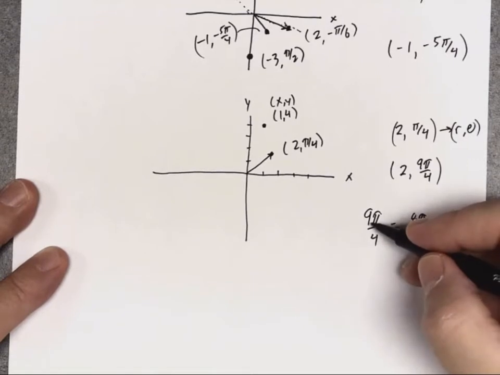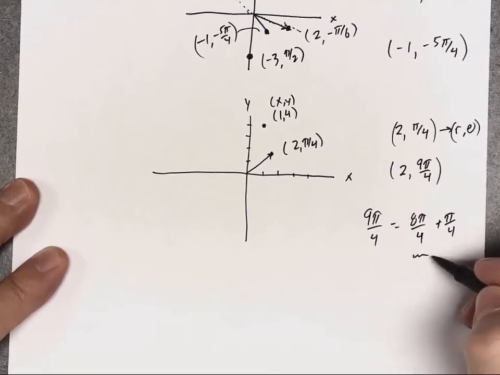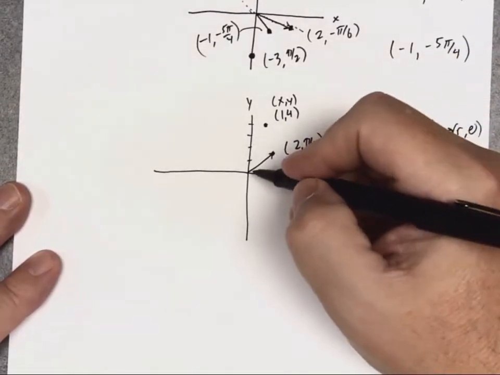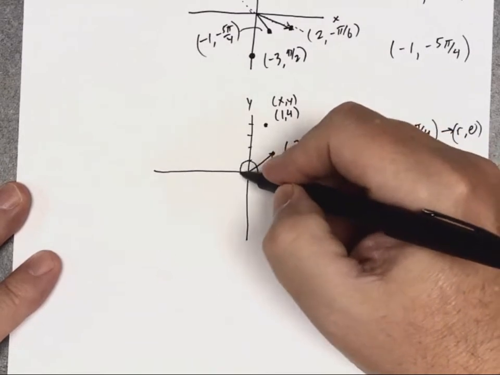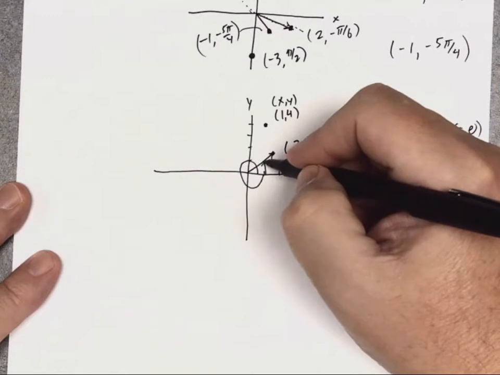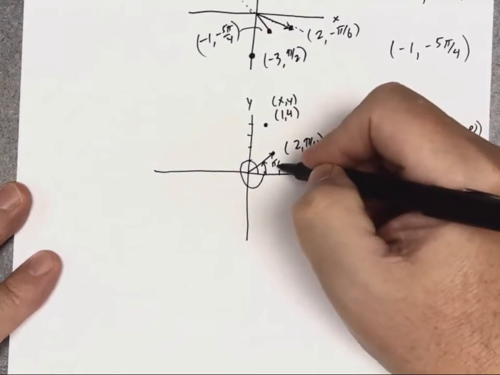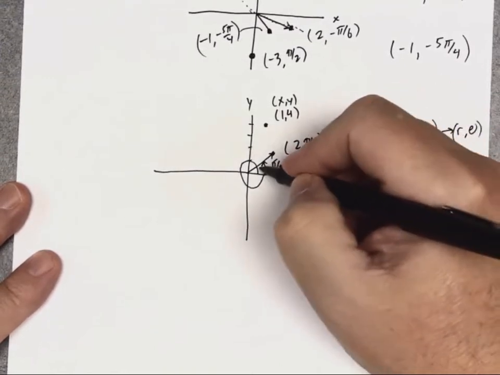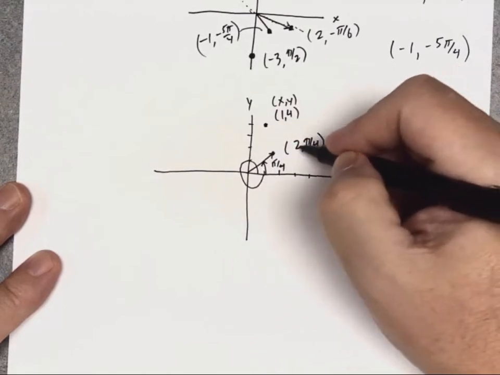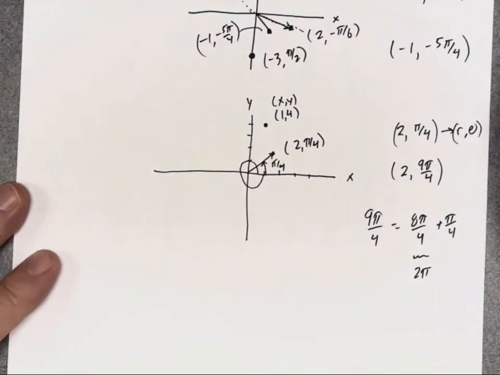That equals 9 pi over 4. Of course, 8 pi over 4 is 2 pi. So what does this tell me about my angle? My angle is 2 pi, one trip around, and then I go pi over 4 more. So here's my angle. Actually, it's the same angle as pi over 4.